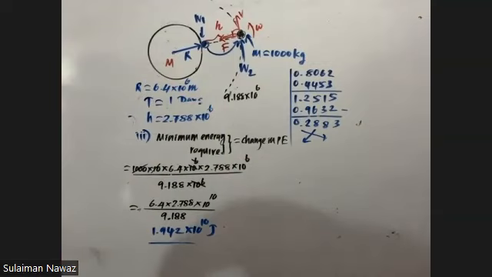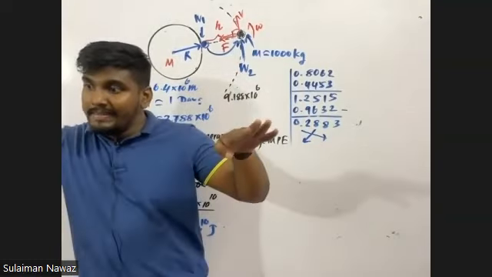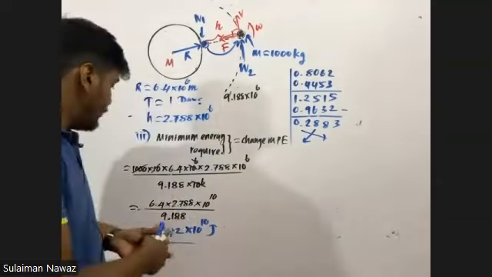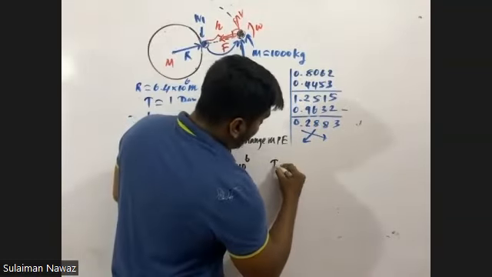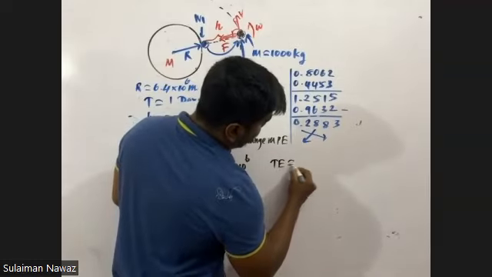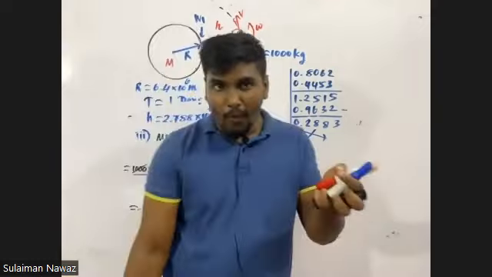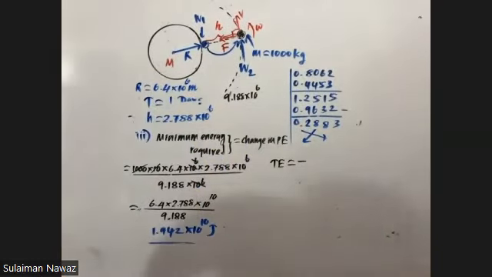Then we discussed Roman number 1, Roman number 2, Roman number 3. Then Roman number 4 says to explain now. Someone tell me, what is the value that we obtained in Roman number 2 for total energy?